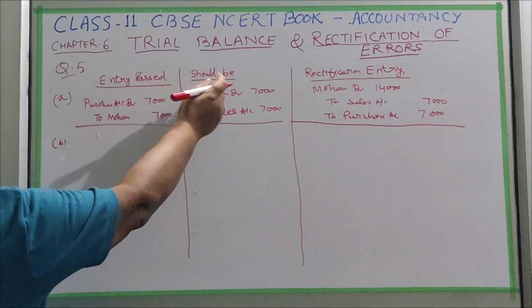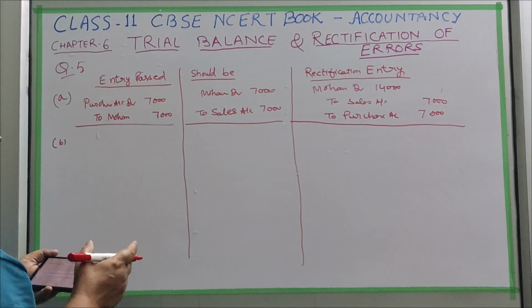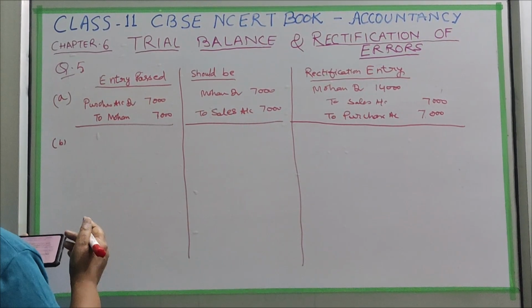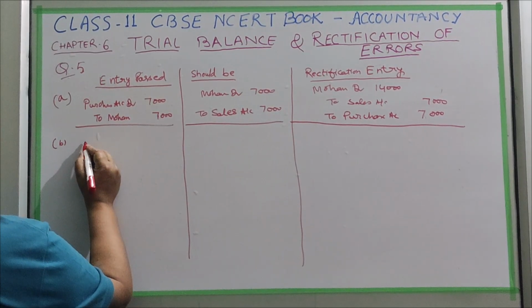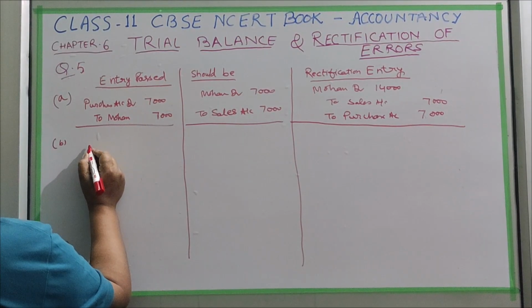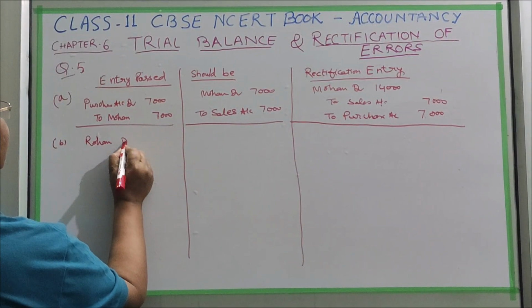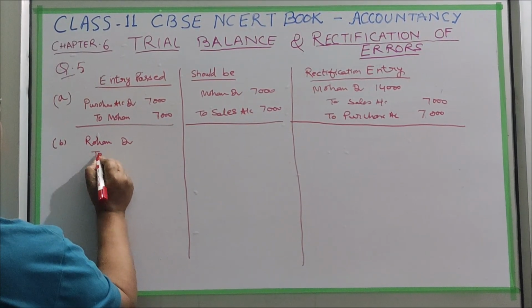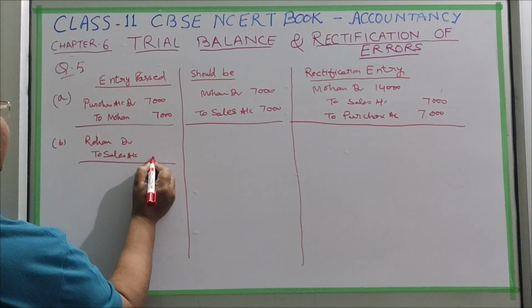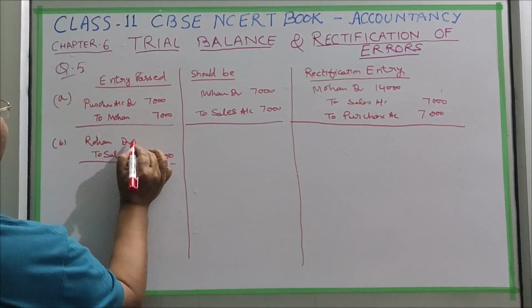Now the next entry: credit purchase from Rohan was recorded in sales book. Credit purchase from Rohan, entered in sales book. So what happened? You have done this entry: Rohan debit, to sales account. You have entered in sales book, so sales account 9,000 will automatically create a debit.